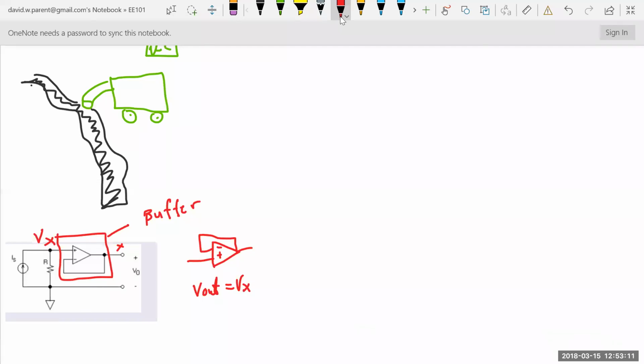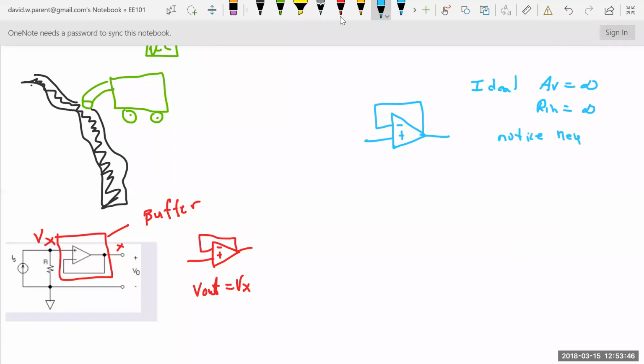Now, it can happen. You're on an exam. Maybe you had something kind of memorized because you used it so much, but then you might forget. So let's just go over a quick analysis of the buffer. And there's more than one way to do it. So one way is it's ideal. That means the open loop gain is infinity. Rn is infinity. Notice negative feedback.